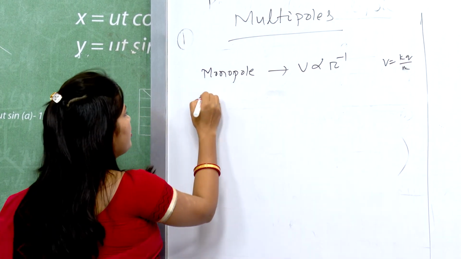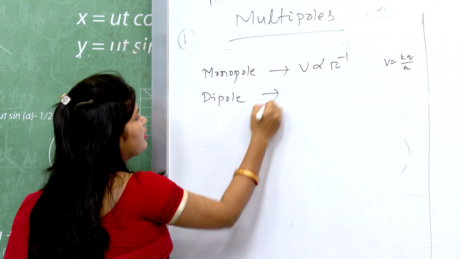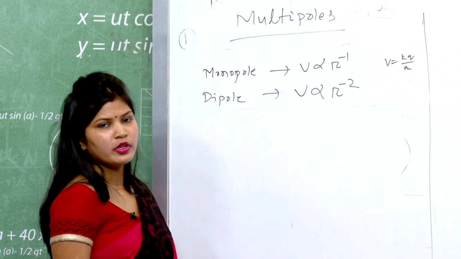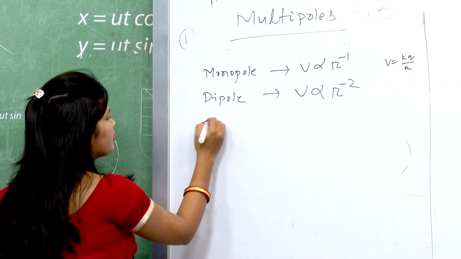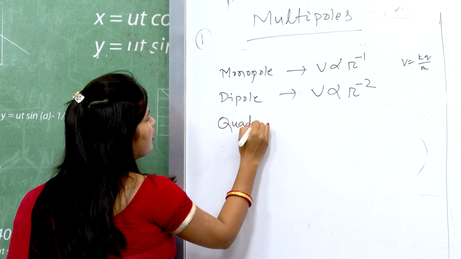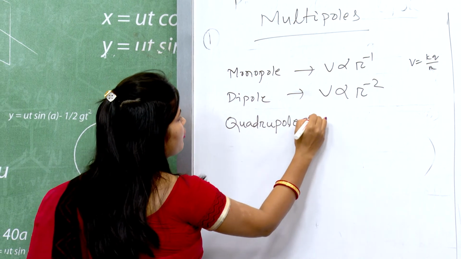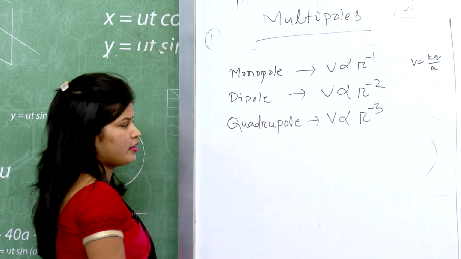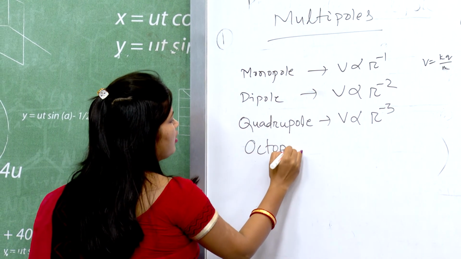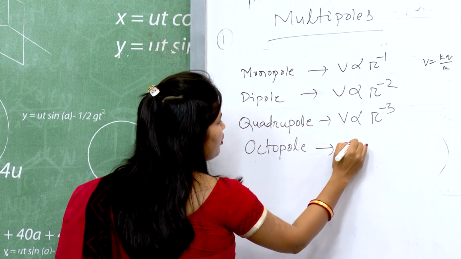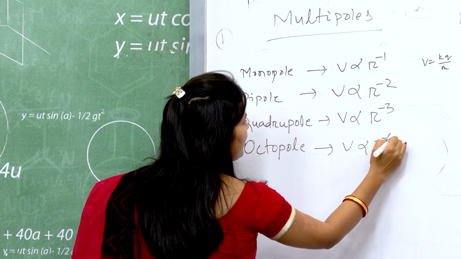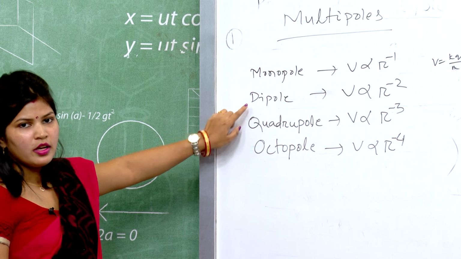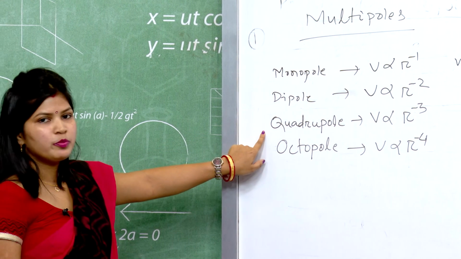For a dipole, we saw the potential is proportional to r to the power minus 2, kp upon r square. For a quadrupole, the potential is proportional to r to the power minus 3, and for an octopole, the potential is proportional to r to the power minus 4. A quadrupole is a sum of 2 dipoles and an octopole is a sum of 2 quadrupoles.